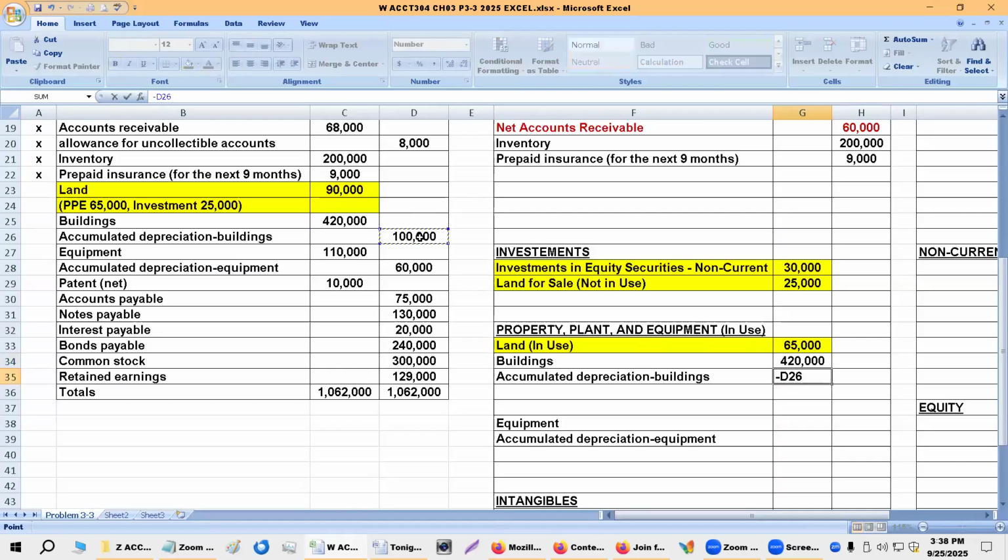Accumulated depreciation. Equipment. Depreciation.